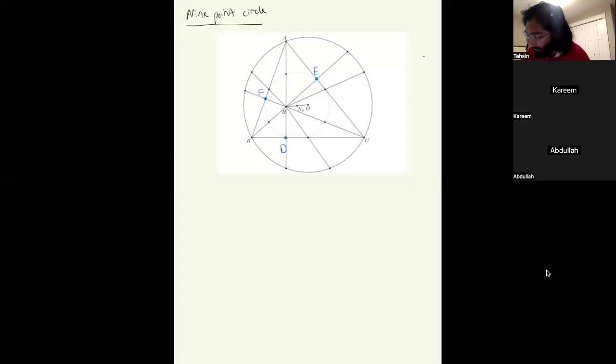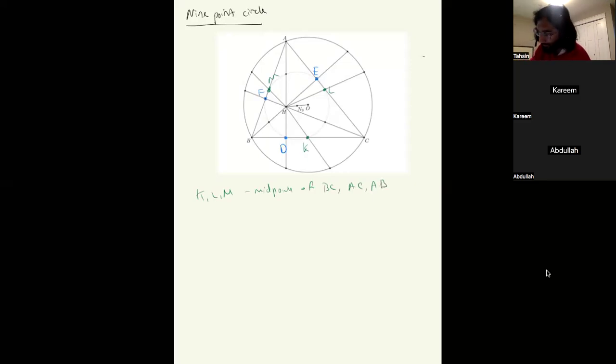And then there's also these 3 points. These are the midpoints of the sides. So I'll call them maybe K, L, M. So K, L, M are the midpoints of BC, AC, and AB.